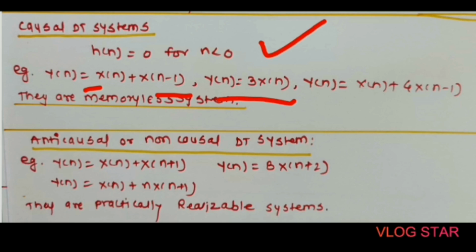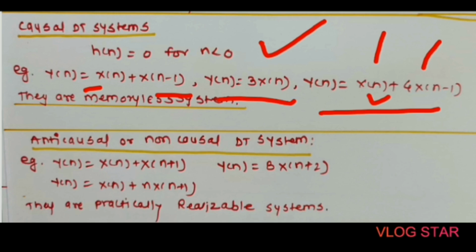Again, the y of n depends upon the present value, that is x of n. Again, y of n is equal to x of n plus 4 into x of n minus 1. So y of n, which is output, is dependent on the present value, that is x of n, and the past value x of n minus 1. So in these types of examples, the output depends on present as well as past values.